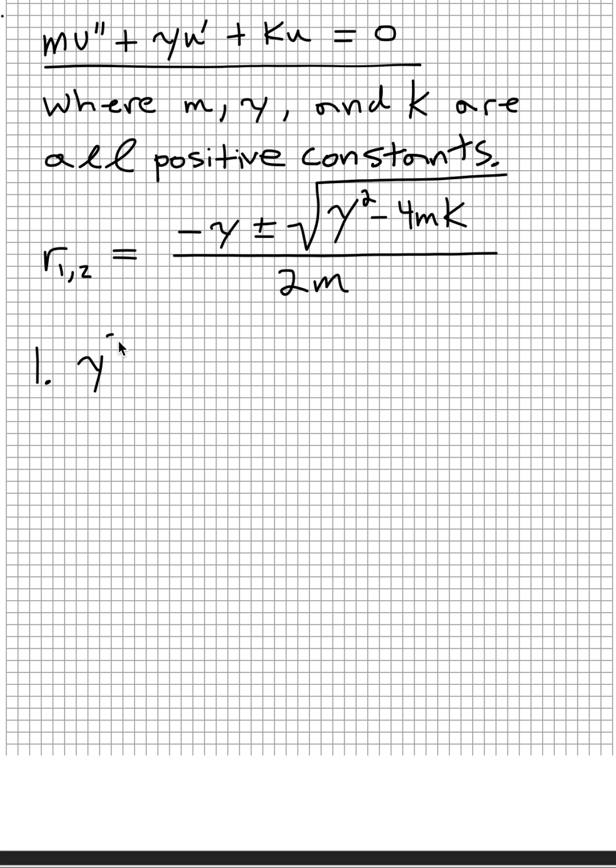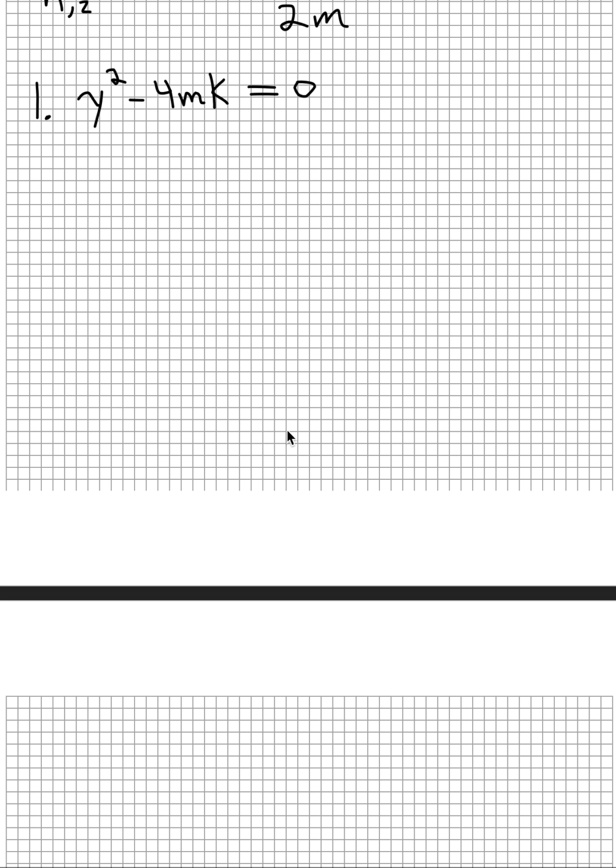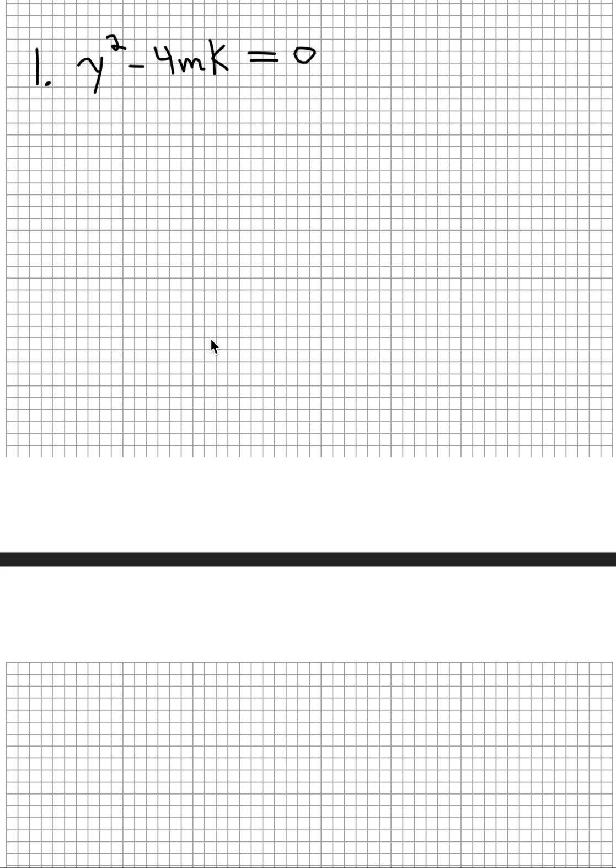Or, to put it this way, if gamma squared minus 4 times m times k, which is exactly the value you see under the square root sign above, is equal to 0, then we have a very special case that we need to work through. Okay, and there's two more cases like this.